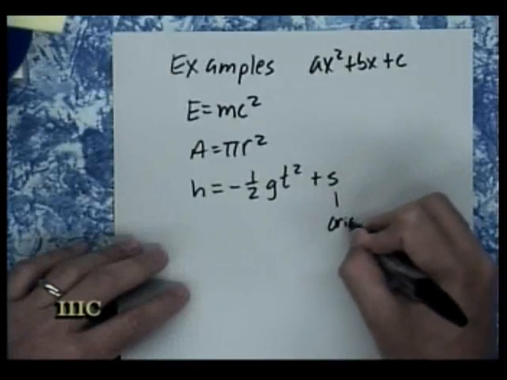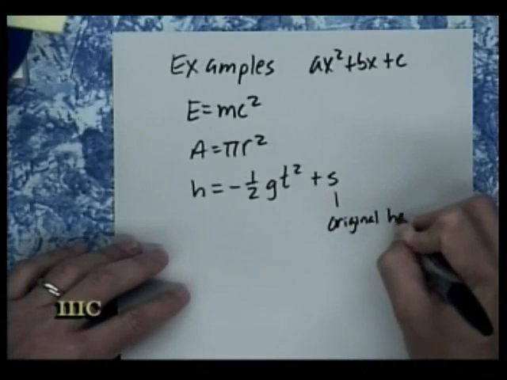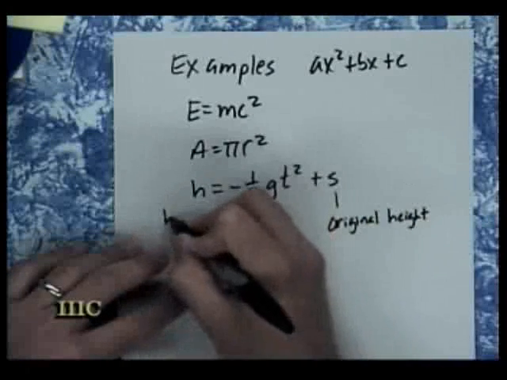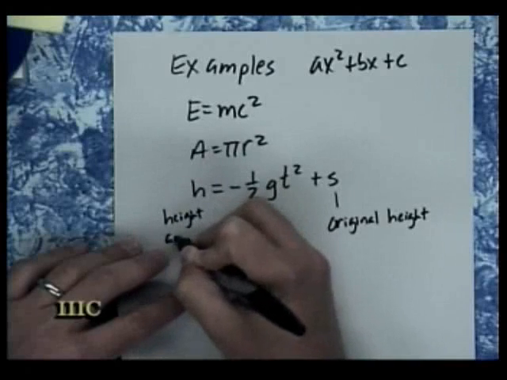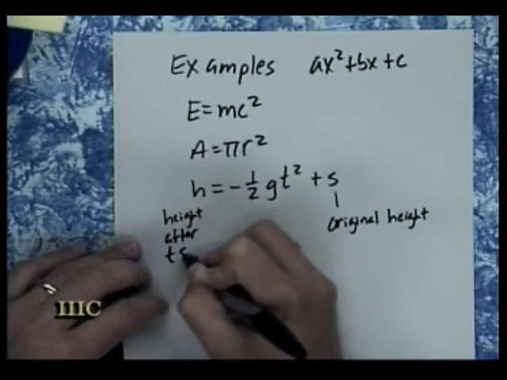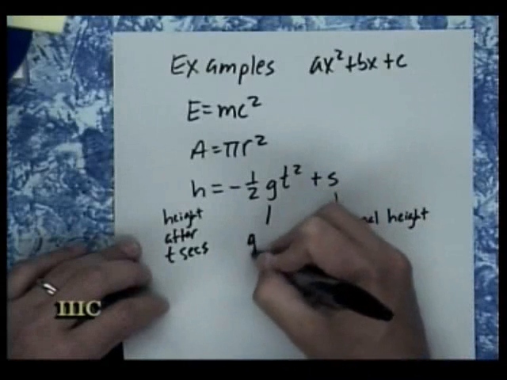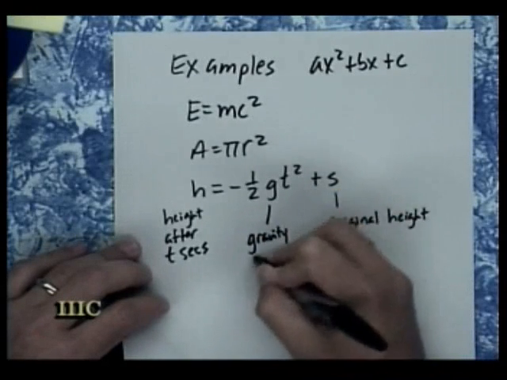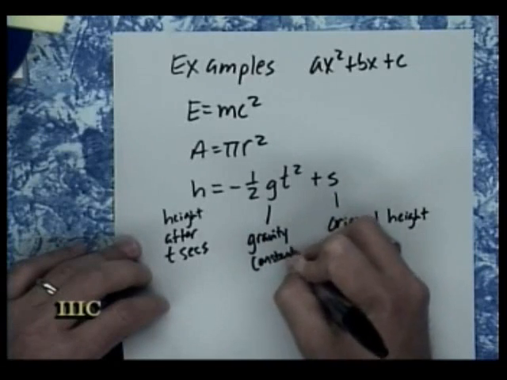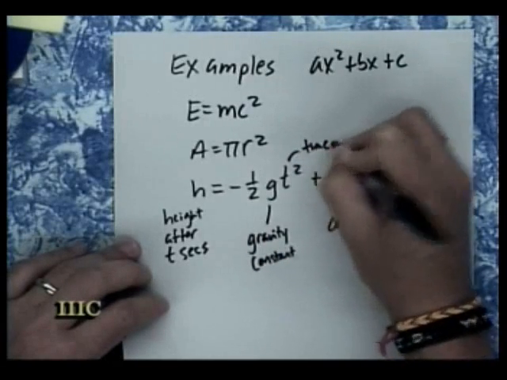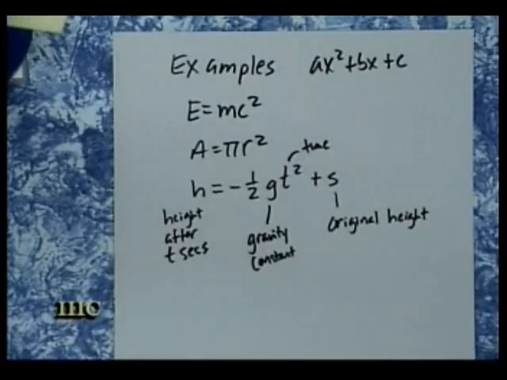This is the original height. This is the height after t seconds. This is the gravity constant, which I will explain now.